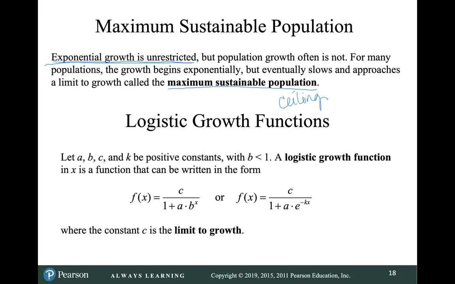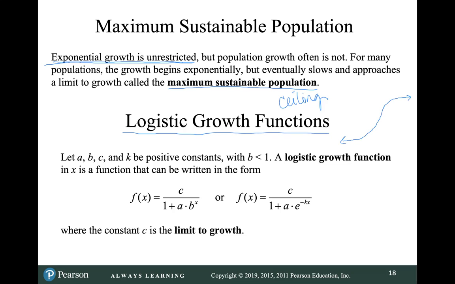And when I have quick growth by a factor, it's just growing really fast, it's doubling, it's tripling, it might even be growing by 10 or 20%, which doesn't sound like a lot, but in the long run, that's a lot. And so when it's growing quickly, but it has a ceiling, that is a logistic growth function. So it starts out growing really fast and then it levels off.